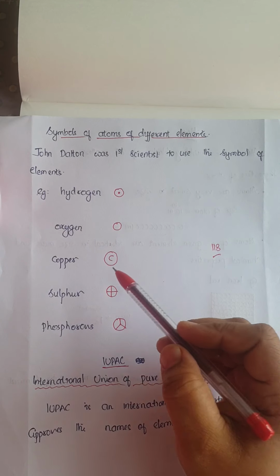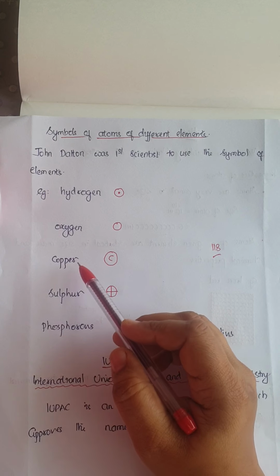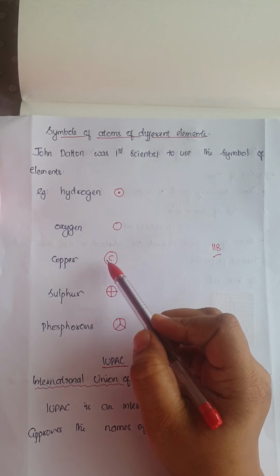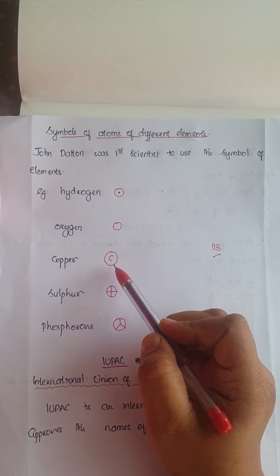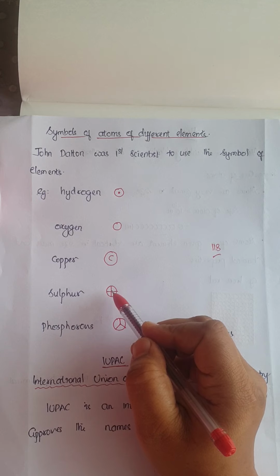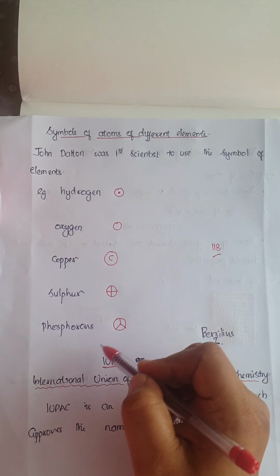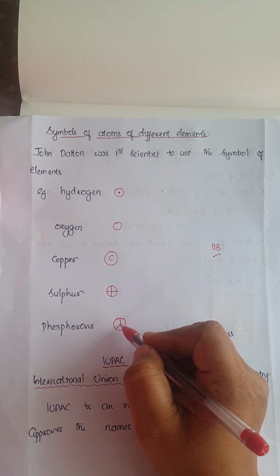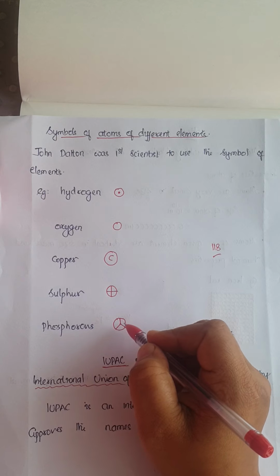Okay? How did Dalton represent copper? A circle with a letter at the center, right? Yes, in the case of sulfur, a circle with a cross in the center. And in the case of phosphorus, he used a circle with this type of symbol.